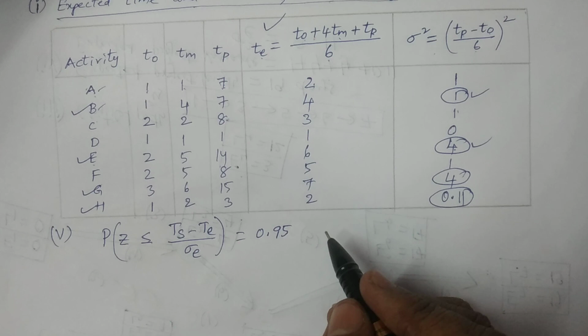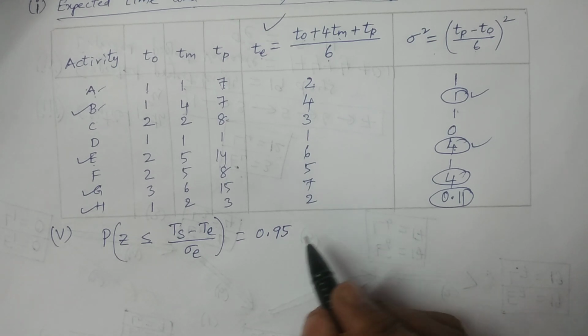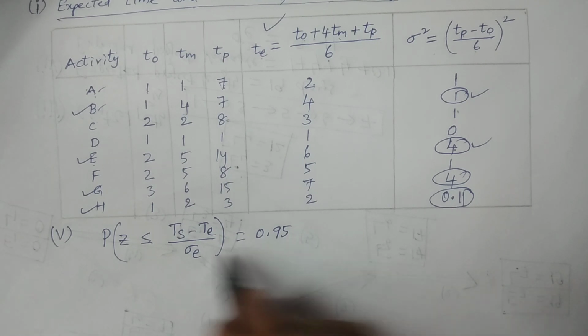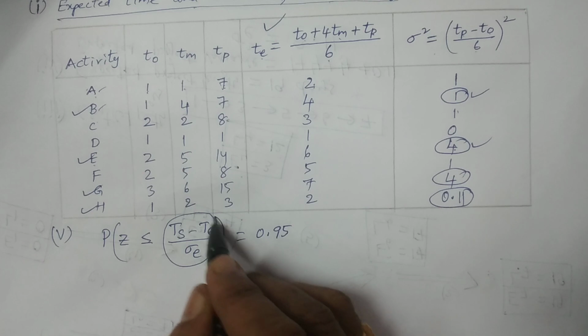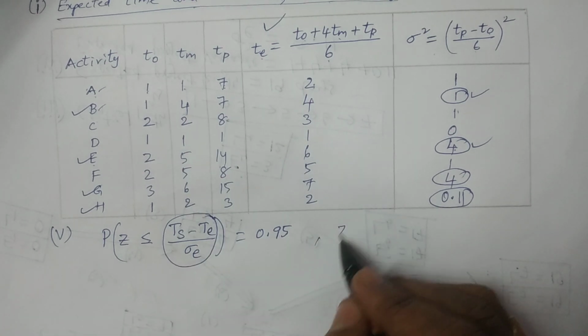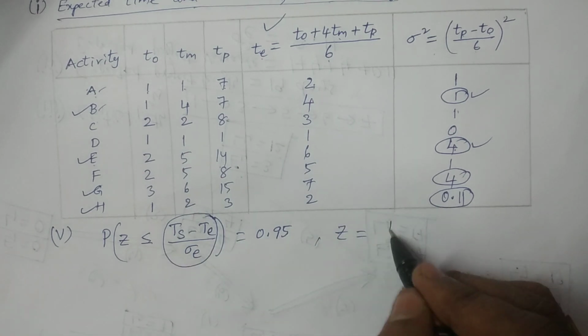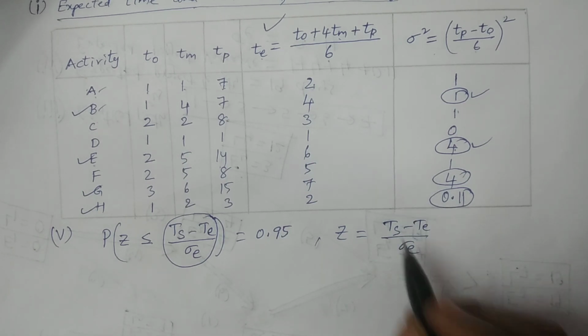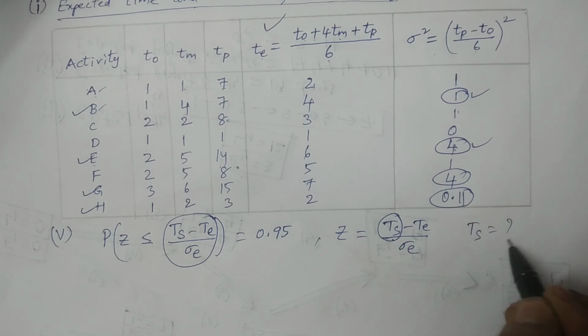Here Z is the standard normal variate, (Ts minus Te) divided by sigma E, where Ts is nothing but the scheduled time. That is what is required to calculate. Ts is equal to how much? That is the question now.